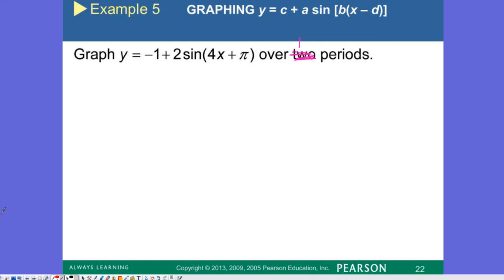All right. Okay, so let's go ahead with this. So now, starting off with, I'm going to do what? Period. Is going to be 2 pi over 4, which is pi over 2, right? Very good. Next thing. Amplitude. Amp is what? 2.